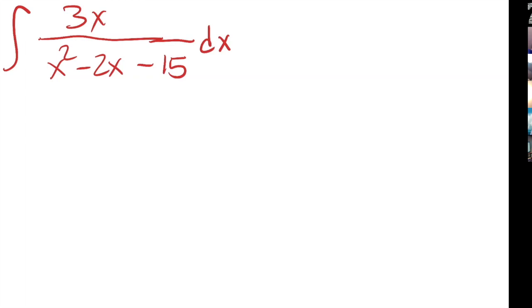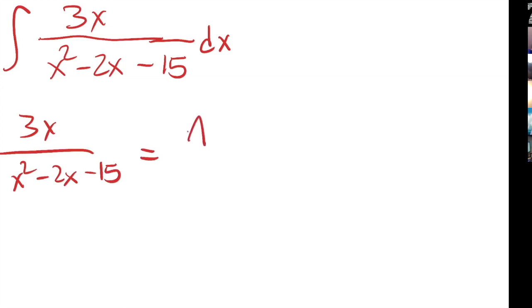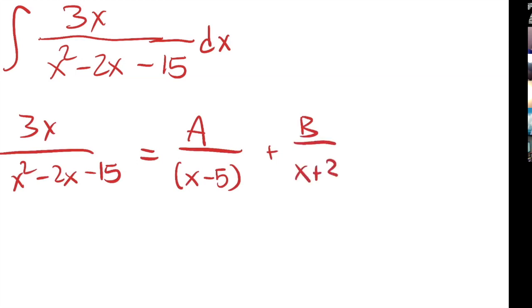So the idea with partial fraction decomposition is that we're going to do some algebra first and recognize that the denominator can be factored into, in this case, if I did this right, x minus 5 and x plus 2. Excuse me, x plus 3.